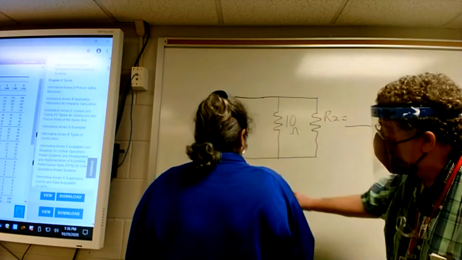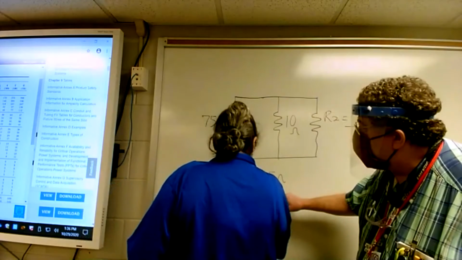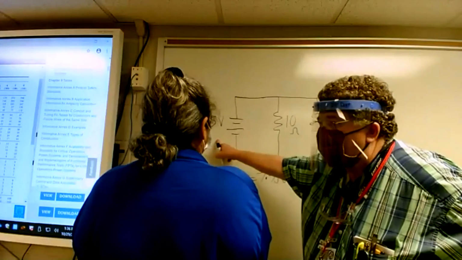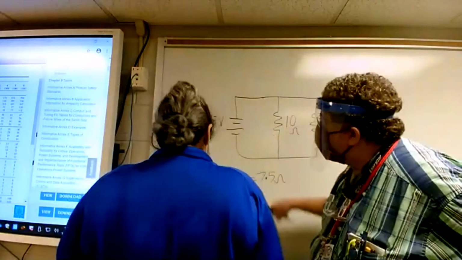Let's look at the simplest thing. We know what R total is, and we know what E total is. So I just want I total. You can get I total, and then you can go from there because you've got the voltage drop across it.